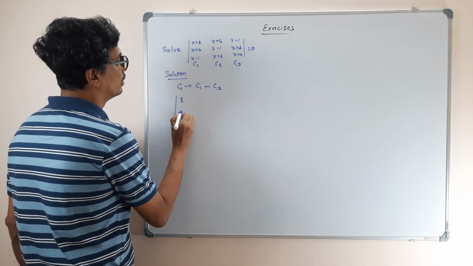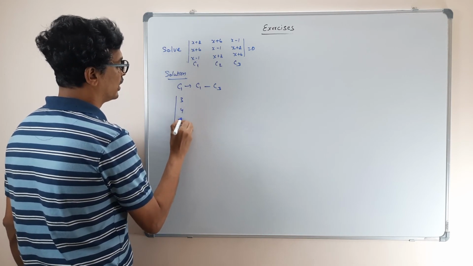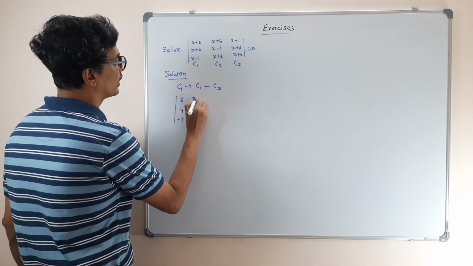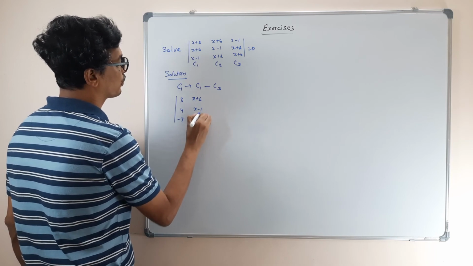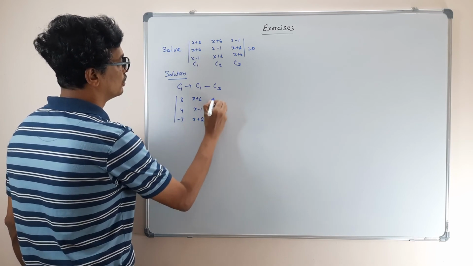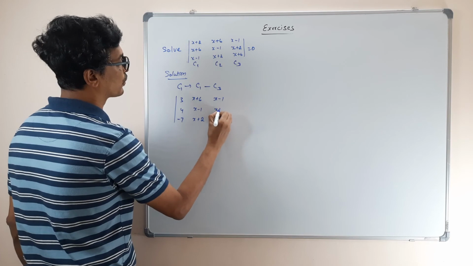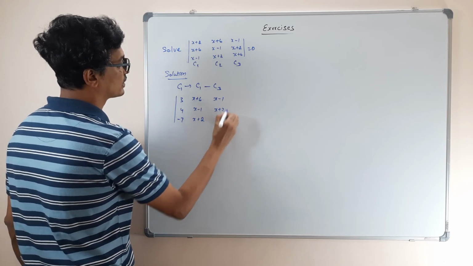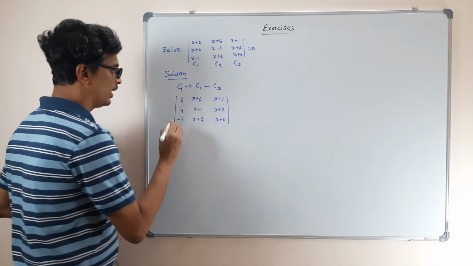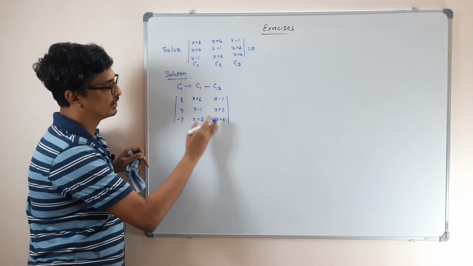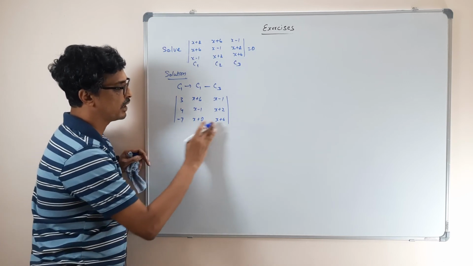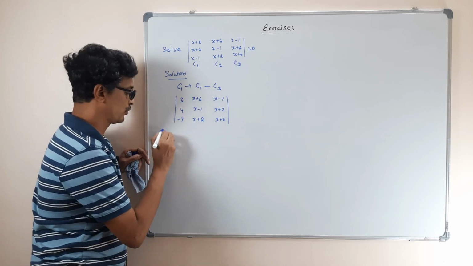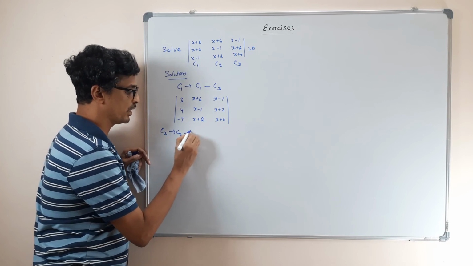3, 4 minus 7, x plus 6, x minus 1, x plus 2, x minus 1, x plus 2, x plus 6. And again this and this, right? So this minus this you want to do. So C2 will be replaced by C2 minus C3.